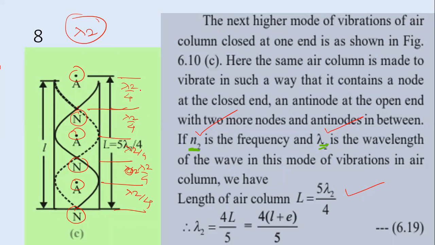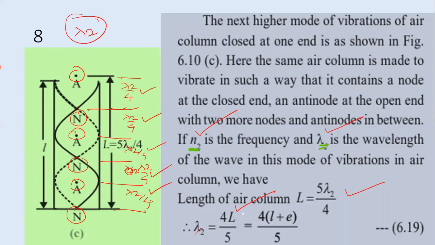So lambda 2 by 4 added five times will be 5 lambda 2 by 4. So this is the length of the air column, and therefore lambda 2 will be equal to 4L divided by 5.